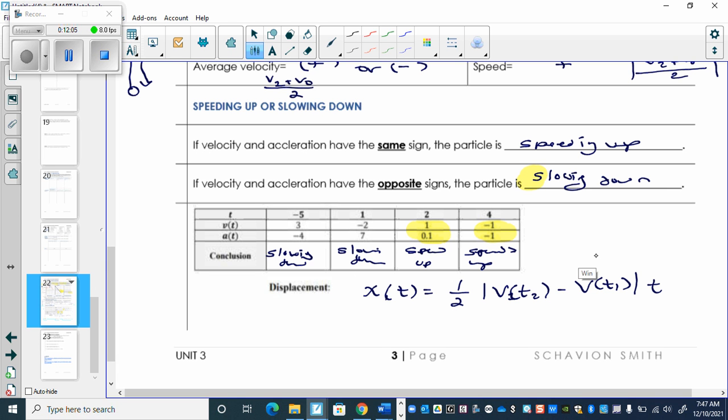Basically, wherever we start this velocity, and wherever we end it at the end, that's what we're looking at there. And this t is just the time that it takes, between t sub 2 minus t sub 1.